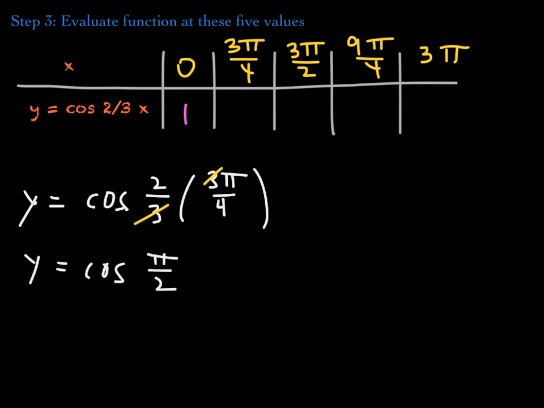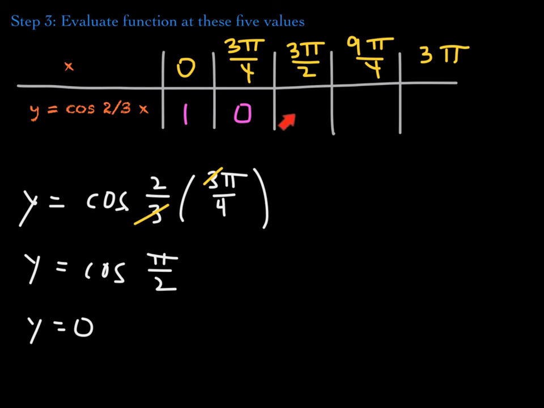And cosine of pi over 2 is just 0. So then y is equal to 0 when your x value is 3 pi over 4. See, that's an x-intercept right there. You started with a maximum, now you're down to an x-intercept.